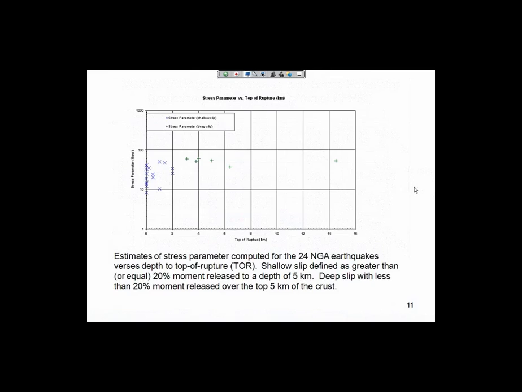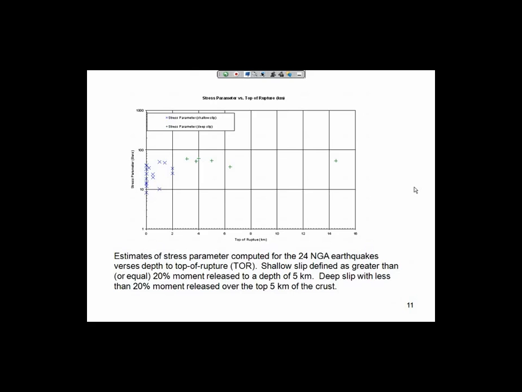there's sample size issues. There's also large magnitudes tend to rupture the surface, and smaller magnitudes do not tend to rupture the surface. The largest magnitude in the deep is either Northridge or Loma Prieta. The 6 earthquakes in that are Coyote Lake, Whittier, Northridge, Loma Prieta, Little Skull Mountain, and one other one that I've forgotten.